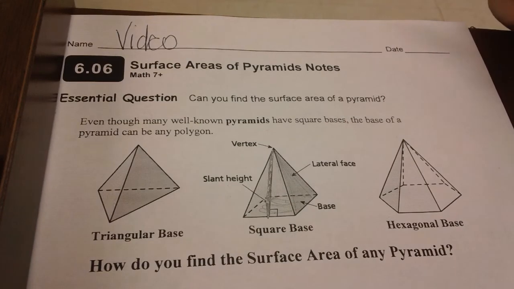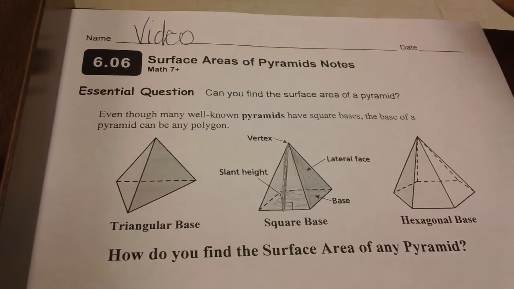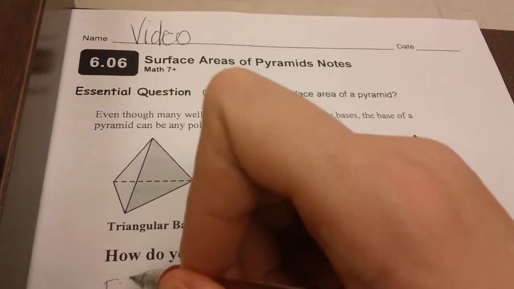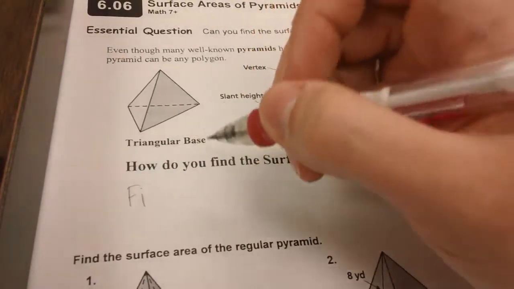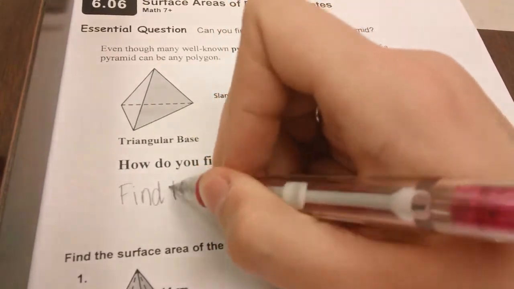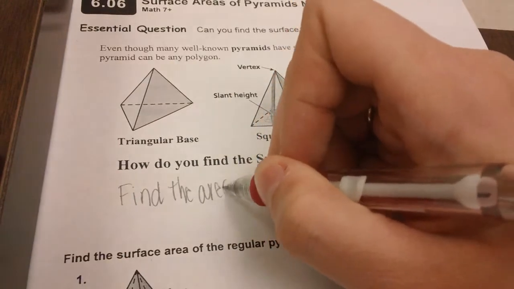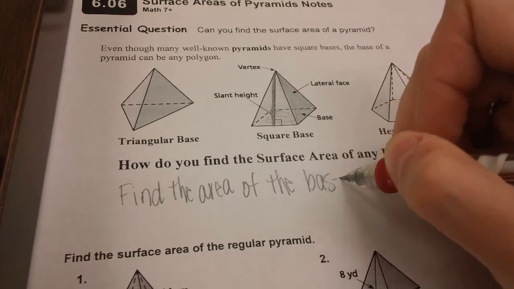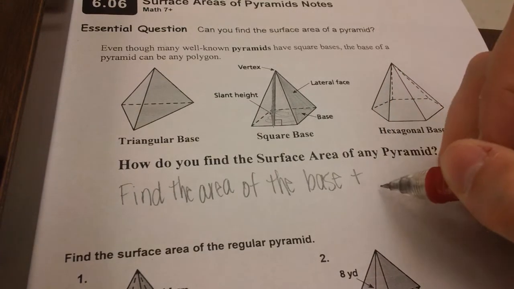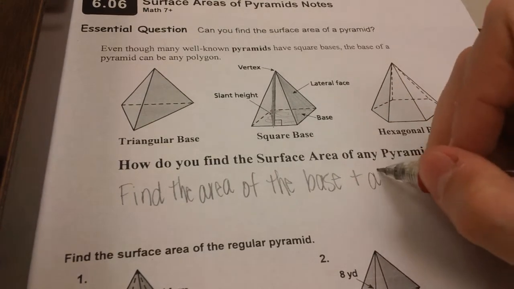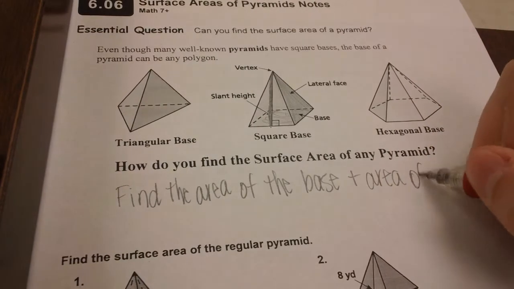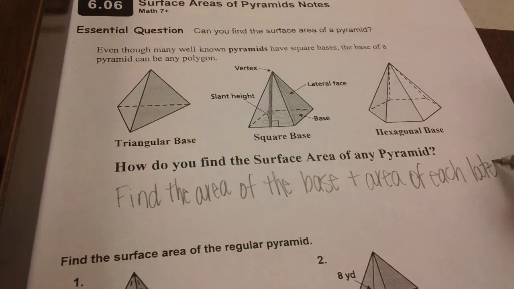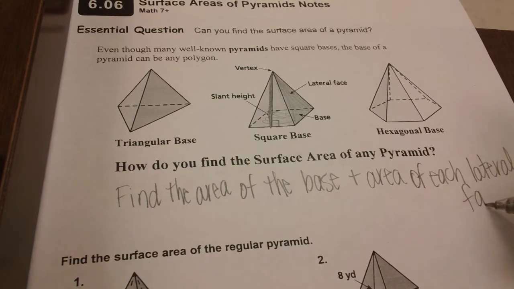So the best way to find the surface area of any pyramid is find the area of the base and add to it the area of each lateral face.